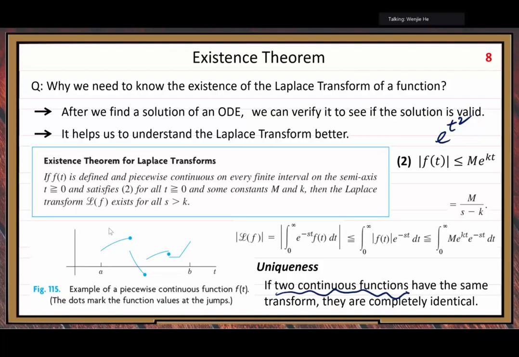On each continuous piece they are the same, but at discontinuity points they could be different. So when you apply this uniqueness result, pay attention to this continuity requirement.